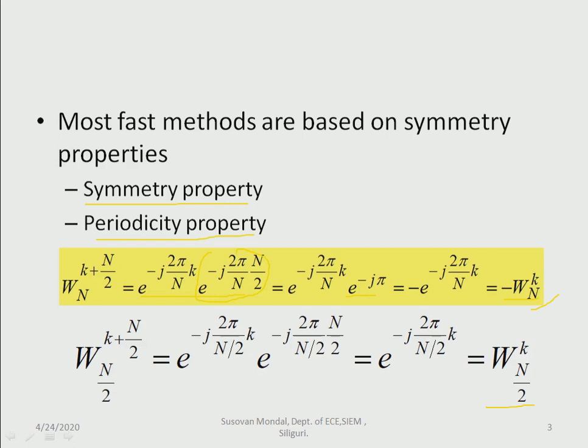We rearrange these equations and we can get this. These are quite simple. So these are the two properties which actually help to calculate DFT in a faster manner. So in FFT we utilize those properties. Now how we are going to utilize them, I will explain step by step.